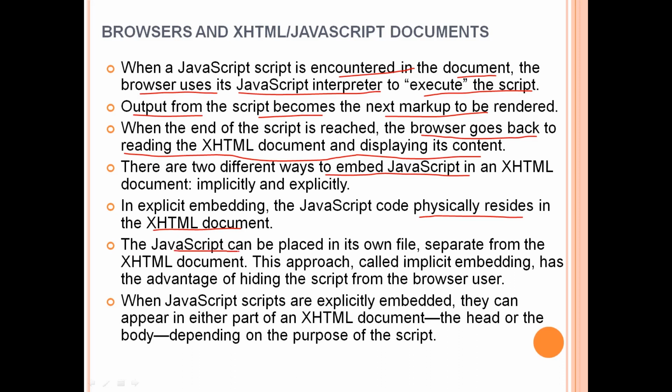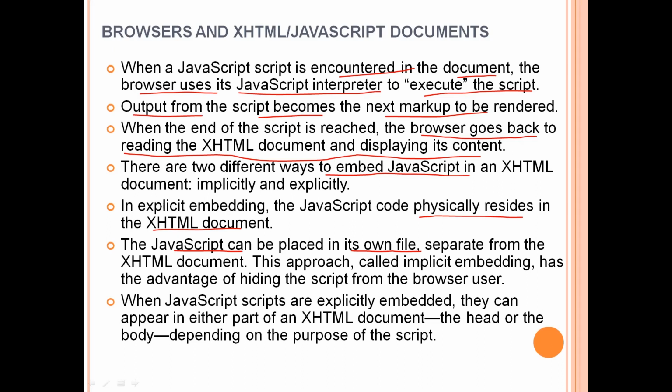The JavaScript can be placed in its own file. So we can create a separate JavaScript file other than the HTML or XHTML file, like we did in case of external CSS files. In case of CSS also it is inline, document and external. Inline and document both reside in the same HTML XHTML page.